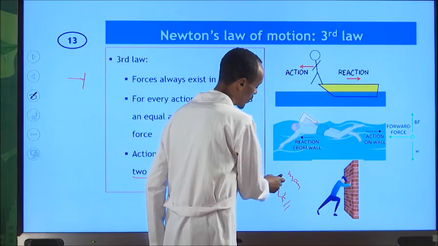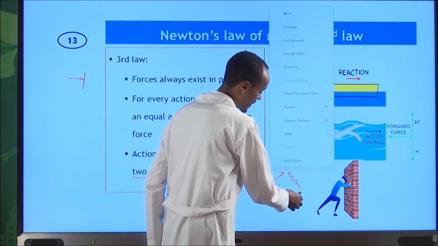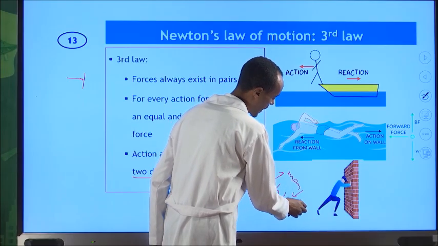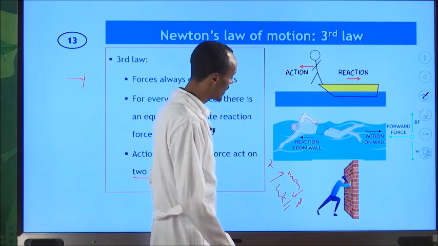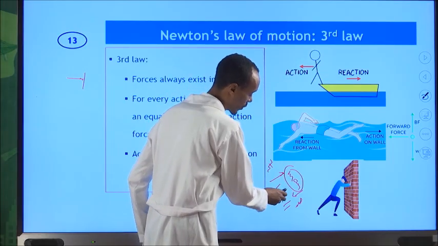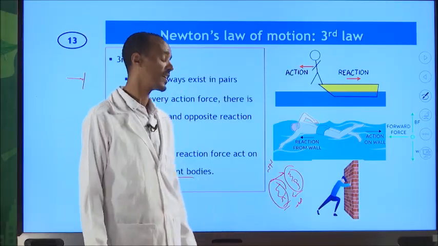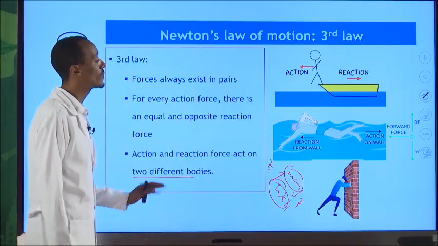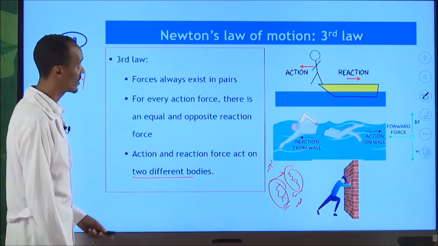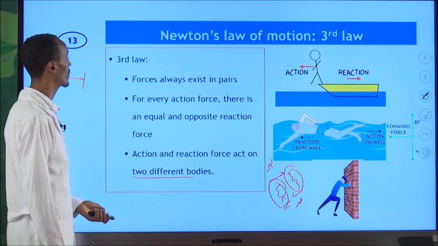The force of the wall on the man, call it F2, and the force of the man on the wall, call it F1, are acting on two different objects. So don't be confused that it seems the same thing, but the two objects are different and the two forces are acting on different objects.